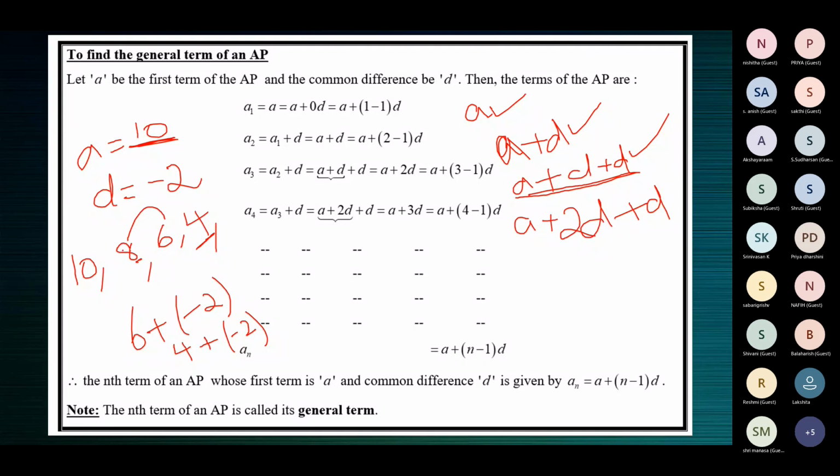So to generate the terms of an arithmetic progression, you need the first term and the common difference. When you know the values of a and d, you can generate the terms of the arithmetic progression.